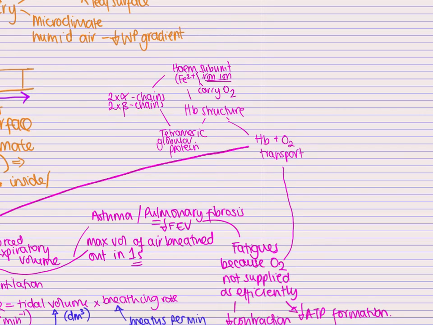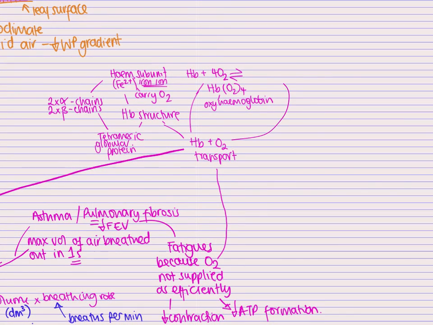In terms of hemoglobin being able to carry the oxygen, we need to know that there's a reversible equation. So hemoglobin plus 4 lots of oxygen, because each heme unit can carry an oxygen molecule, not an atom, is a reversible reaction to form oxyhemoglobin.